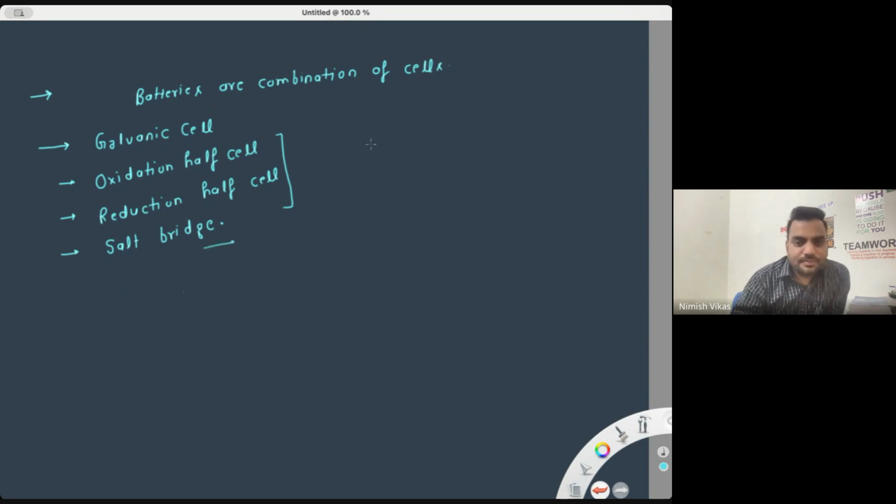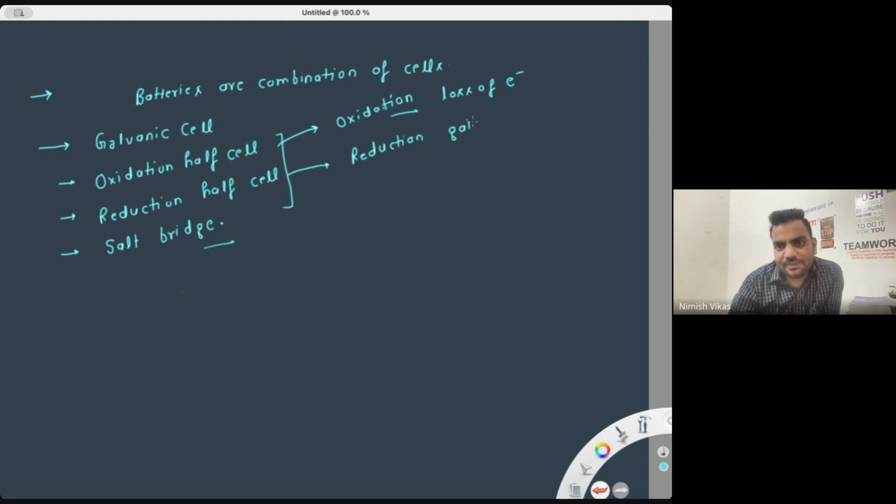Oxidation half cell means oxidation process will happen here, and oxidation means loss of electrons will happen here. In the reduction half cell, reduction will happen, which means gain of electrons will happen.